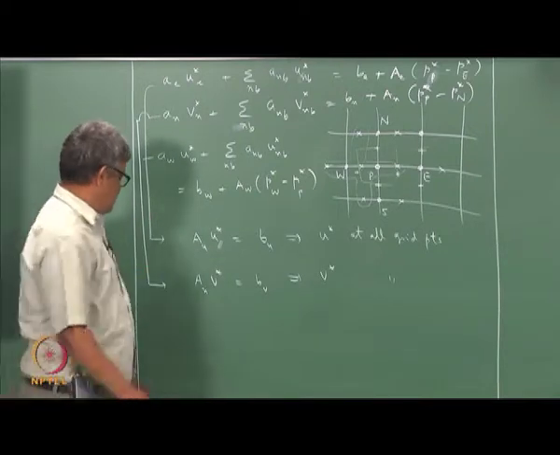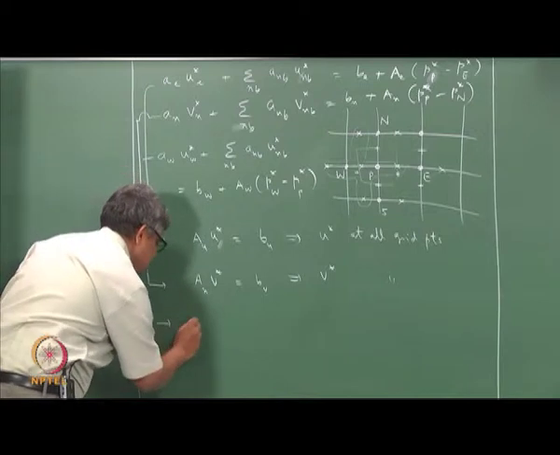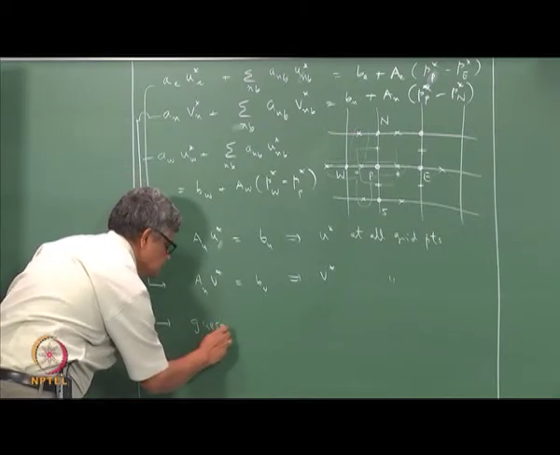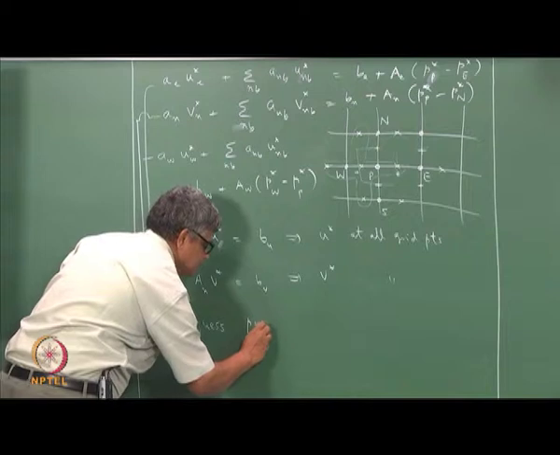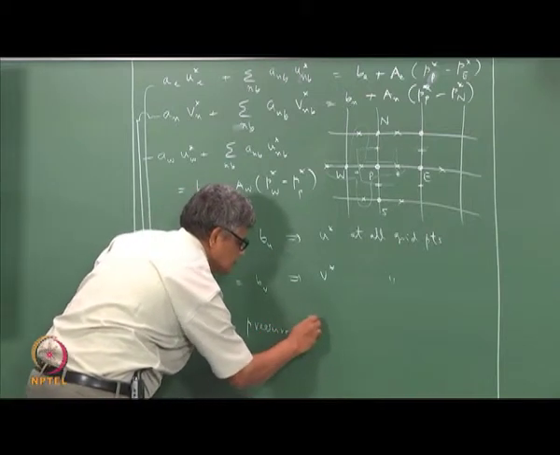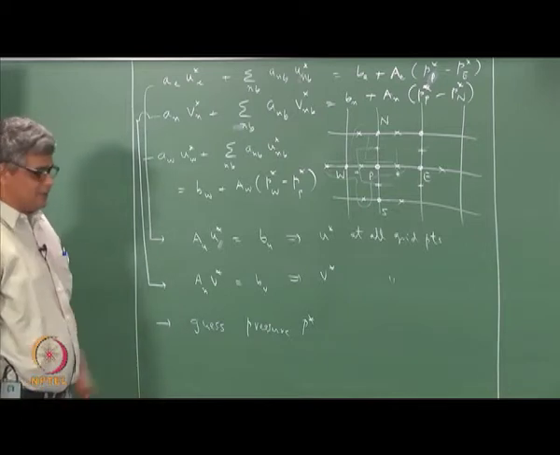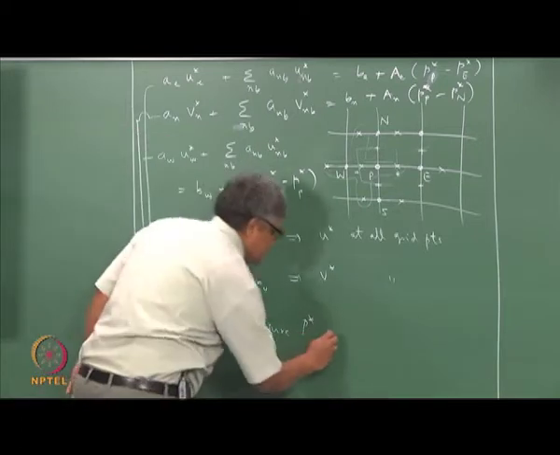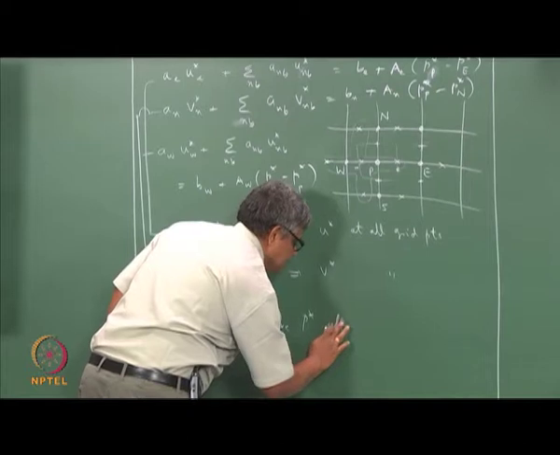So, what we do, we guess pressure, we call this as P star because it is a guess pressure at all grid points.